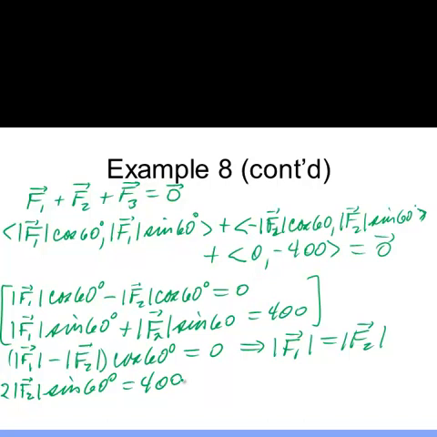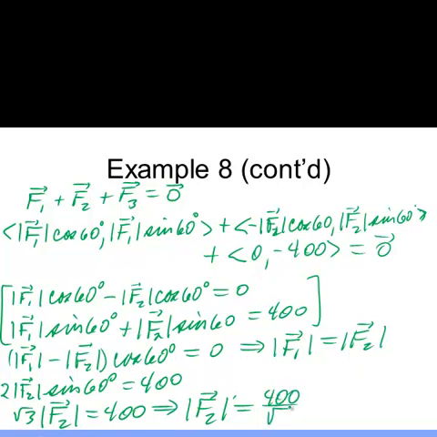Divide by 2. And by the way, sine of 60 degrees is square root of 3 over 2. 2 times the square root of 3 over 2 is just square root of 3. So you have square root of 3 times the magnitude of f sub 2 is equal to 400. So that means that magnitude of f sub 2 is equal to 400 divided by the square root of 3.